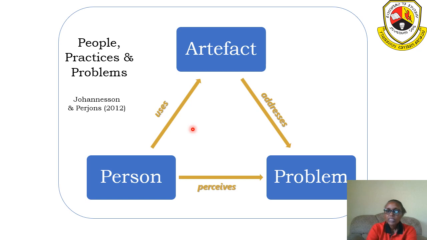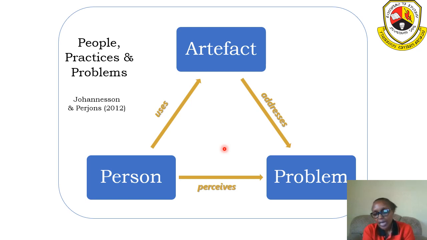in this cycle of designing, we collect our data as we observe the user, as we design our artifact, as we implement that artifact to solve the problem. We carry out evaluation and also evaluate the person who is using this artifact.